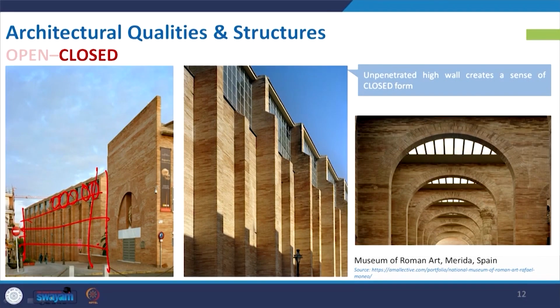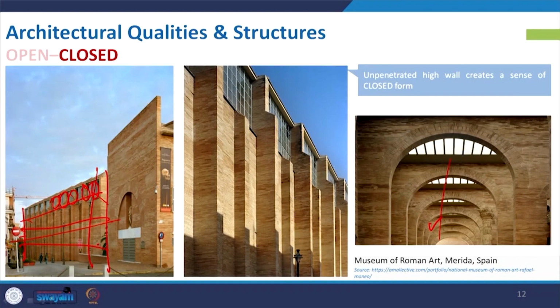In order to get some light from the top, they create this, but apart from that, if you see this elevation, it is all closed, no opening, no window like in a normal building. So, this is one example of the closed architectural quality being designed.